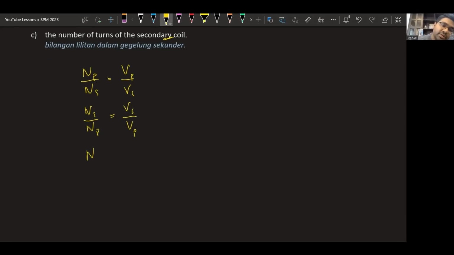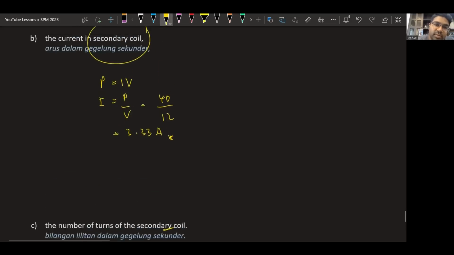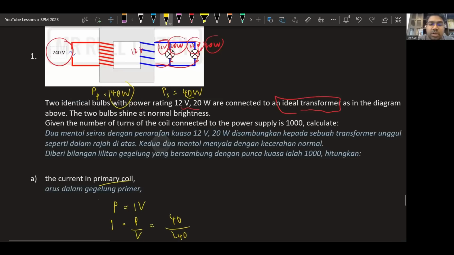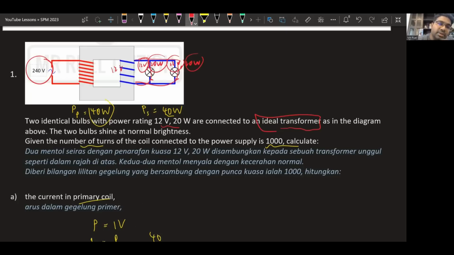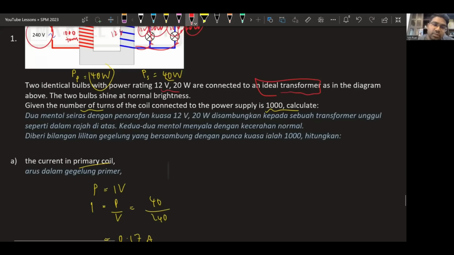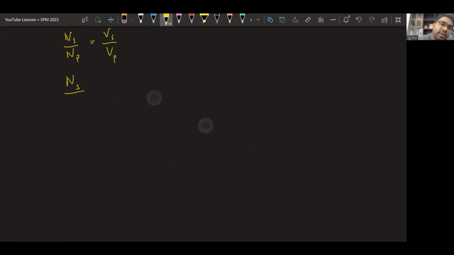And so now the number of turns of the primary coil connected to the power supply is 1000. So here we have a value of 1000 turns. Just substitute it here: Ns divided by 1000 equals secondary voltage 12 over primary voltage 240. So we just multiply in. So this is 12,000 divided by 240. And so the number of turns here will be 50 turns.